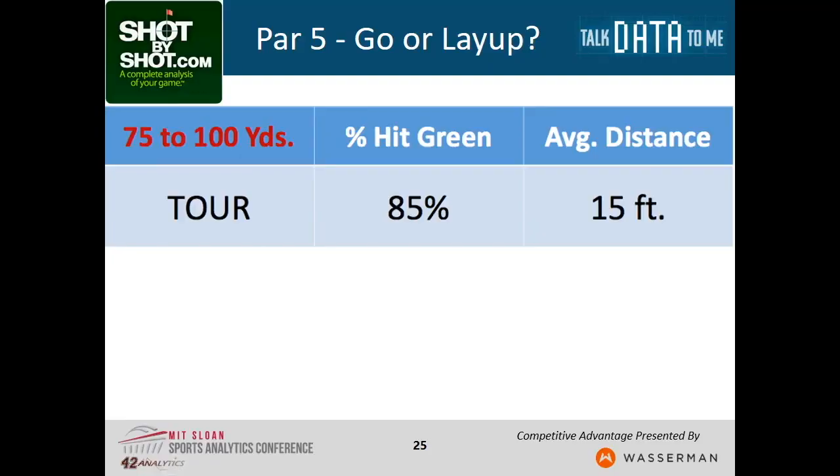So I knew the answer, but I did this little study for them, and I update it every year. So if we say the 75 to 100 yard range is the ideal layup range for just about everybody on tour, they tend to hit the green 85% of the time and to an average of 15 feet. But note, they miss the green 15% of the time.